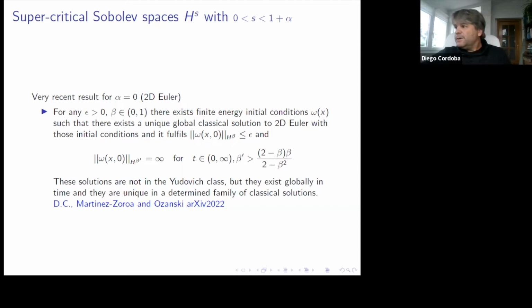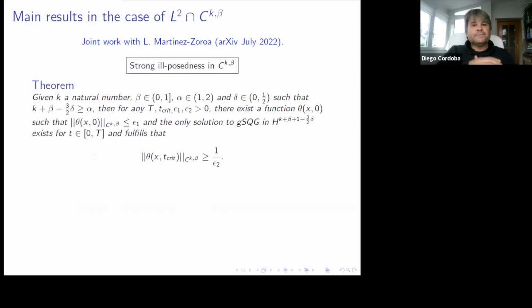Okay, so let's see. So let me state the result with detail, the strong ill-posedness in Hölder spaces for alphas in between 1 and 2.